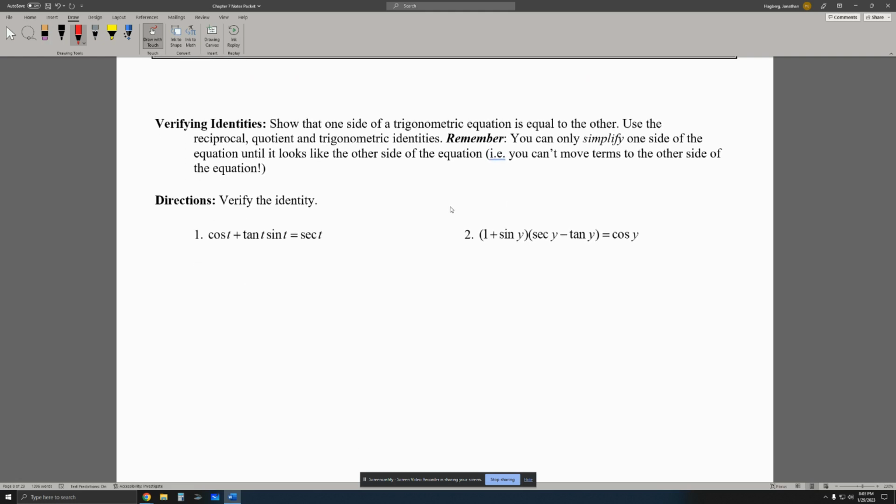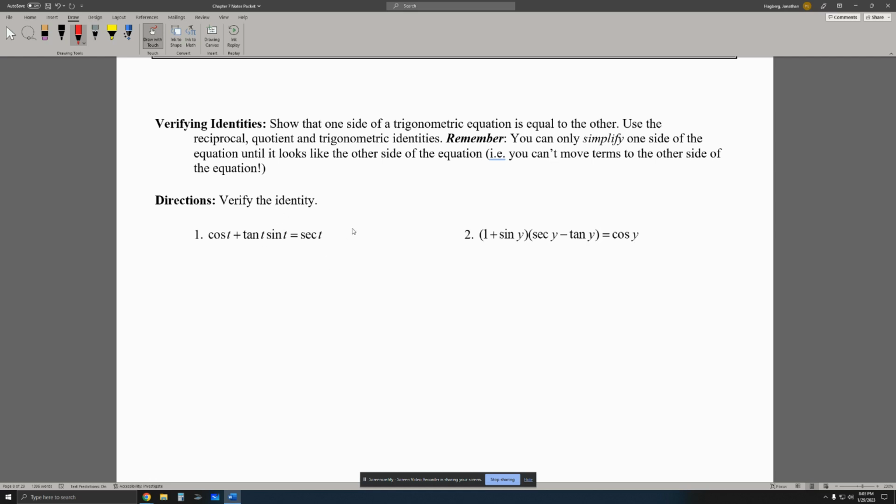Okay, so verifying identities. To show that one side of a trigonometric equation is equal to the other, use the reciprocal and quotient identities. Remember, you can only simplify one side of the equation until it looks like the other side of the equation. So you can't move terms to the other side of the equation. Yes, these are equations and we want to keep them balanced, but we're trying to verify the identity.